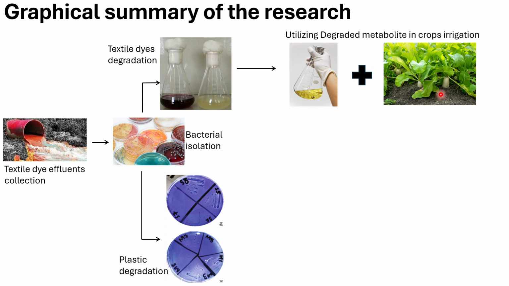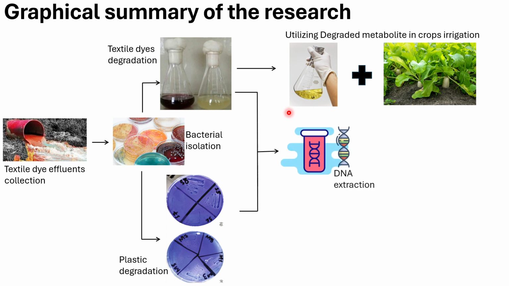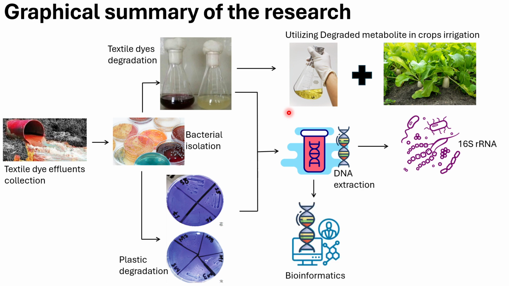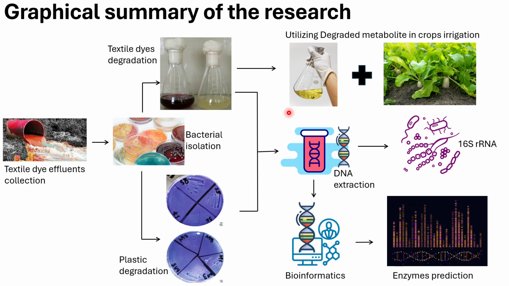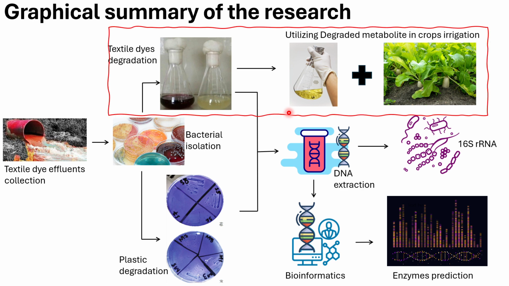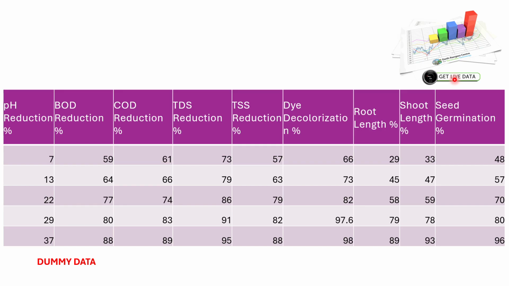They did further analysis as well, such as DNA extraction from the bacteria for their 16S rRNA identification, bioinformatics analysis and enzyme predictions. But right now we are going to talk about the chunk on textile dye degradation and its utility for the irrigation of crops.